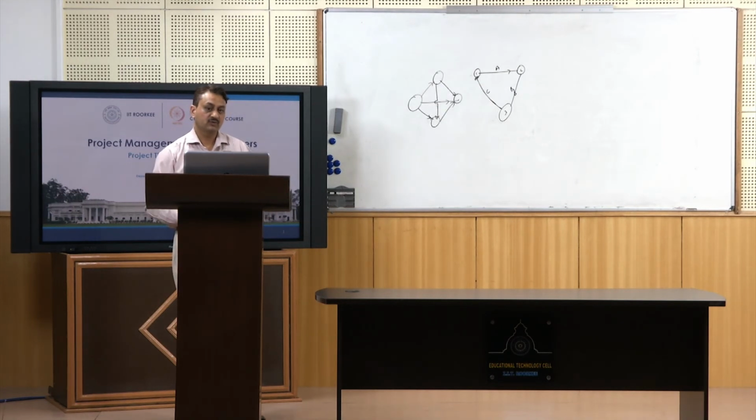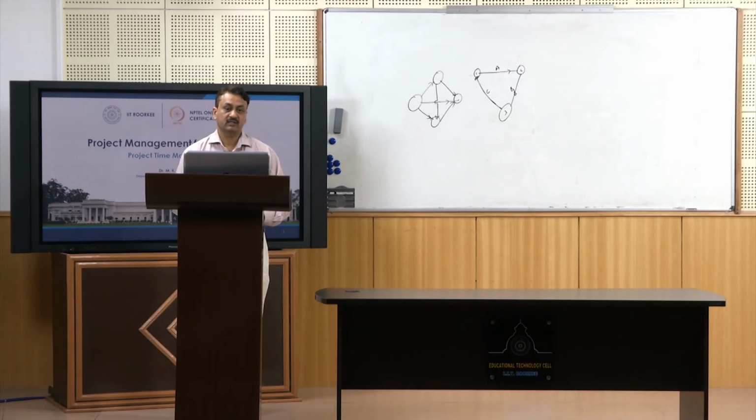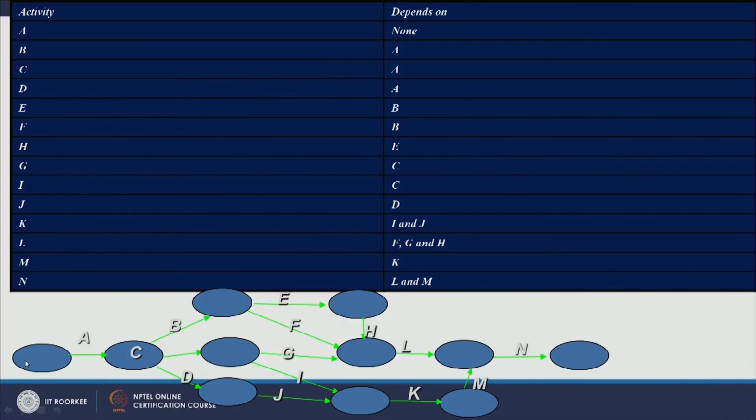So, just try to draw a network. I hope you would be able to draw a network. Let us see how it looks like. So, I have drawn this network here itself, right. So, activity A, activity B depends on A, right.